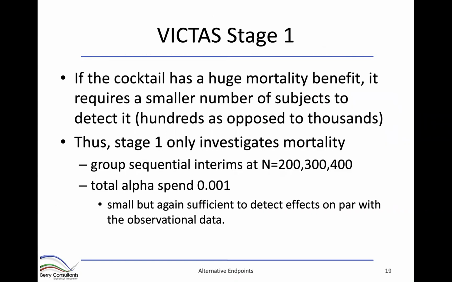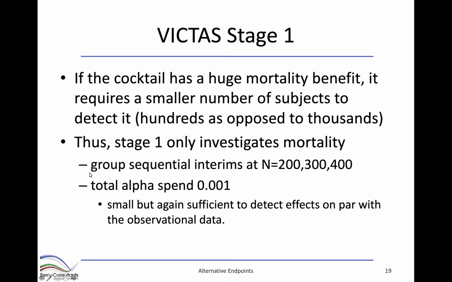To give more details, the VICTAS trial actually had some interesting ways that it handled both endpoints. There was a thought that if there was a huge mortality benefit, then we might be able to detect that with a very small number of subjects, so hundreds of patients, as opposed to the thousands that are typically in a sepsis trial. So VICTAS had a stage 1, which only investigated mortality.